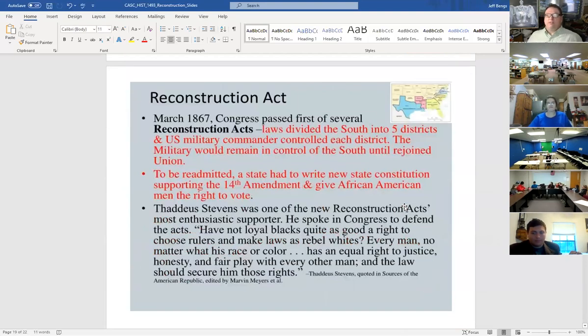So Congress came up with their own plan called the Reconstruction Acts. And there were 3 of them.